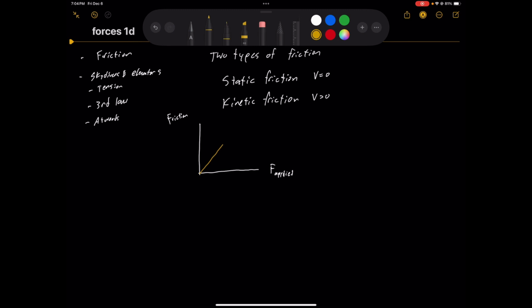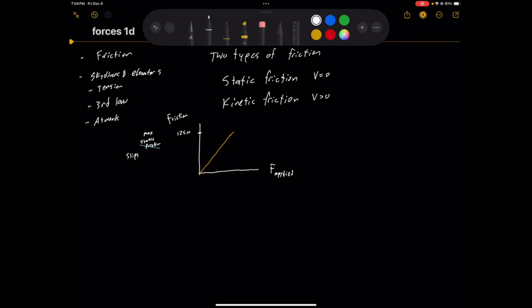The static friction is going to equal the applied force up until it hits some important value, right? So this is when it starts to slip. So here, that was at 125 newtons, and at this point, it's the max static friction, and that's basically when it slips. So the max static friction is the point at which it slips.